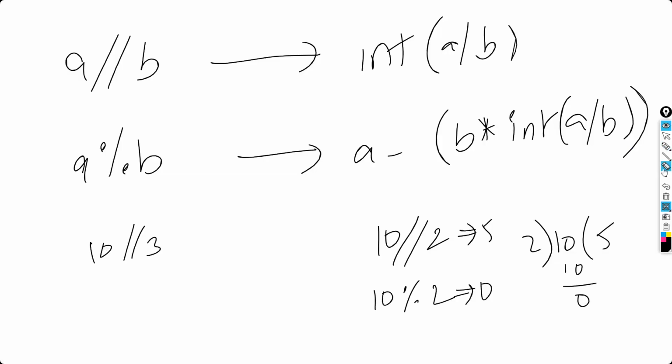What is the output? You are going to get 3, 9, and here 1. 10 floor division 3 is 3. 10 modulo 3 is 1. 10 normal division 3, what is the output? 3.33334 somewhere, right? That is normal division. Is the difference clear now? Division, floor division versus modulo. Are the three of them clear?